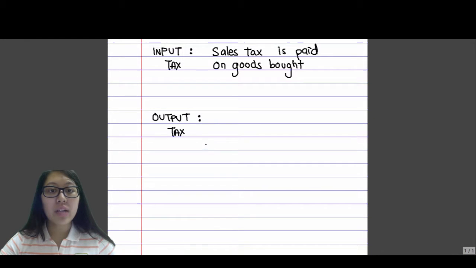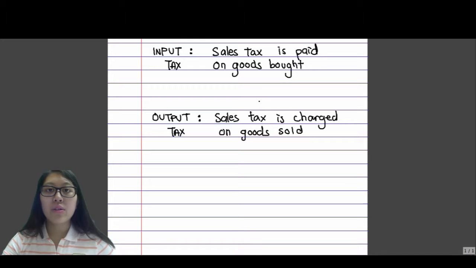However, if we're talking about output tax, this refers to the sales tax that is charged on goods sold. So if you know the direction of the goods, input means it's going inside the company, whereas output means the goods are going out of the company.